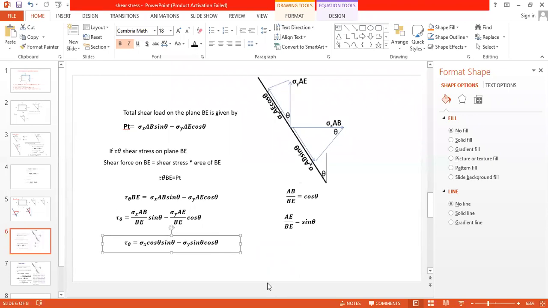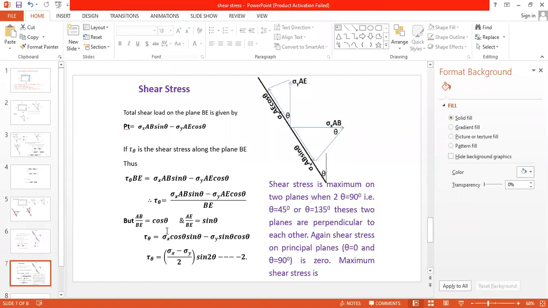Yes, sir. Okay, next one, I am going to replace this equation you see here. Same equation I have written here, cos theta sin theta. I am going to take common from this, that is sigma x minus sigma y cos theta sin theta.